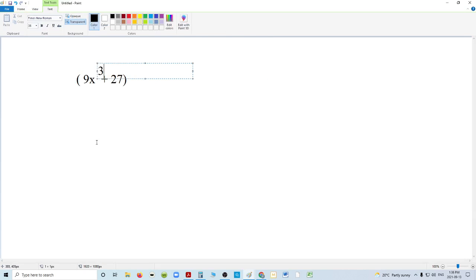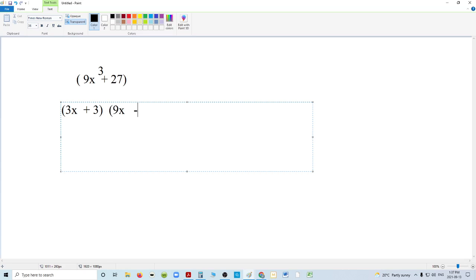I know that the sum of cubes of that is 3x plus 3. And I'm going to be left with 9x squared minus 9x, which is what happens when you multiply them, plus 9.